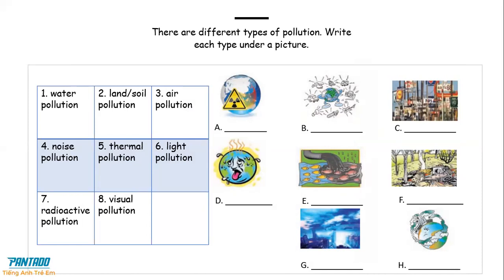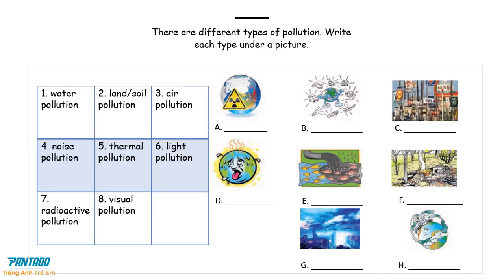There are different types of pollution. Write each type under a picture. As you can see, there are underlines on each letter, so you have to choose from numbers 1 to 8 the types of pollution and write them beside the letter. Did you get it?